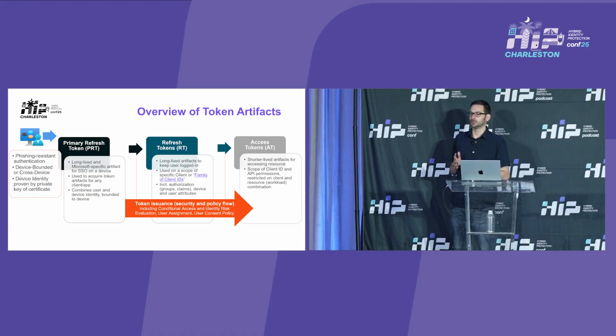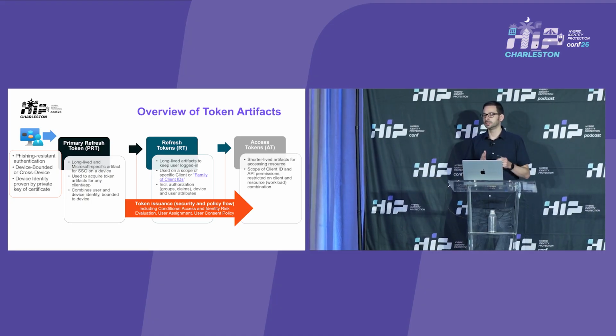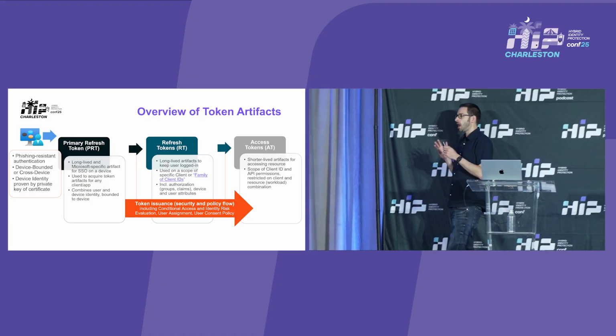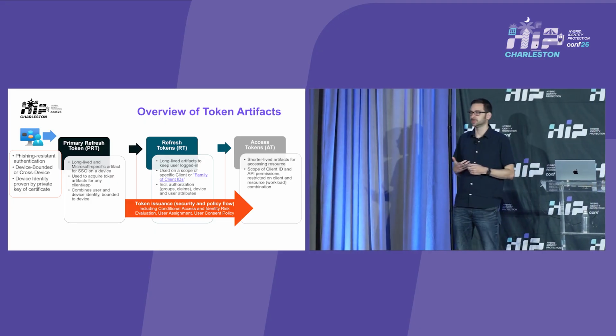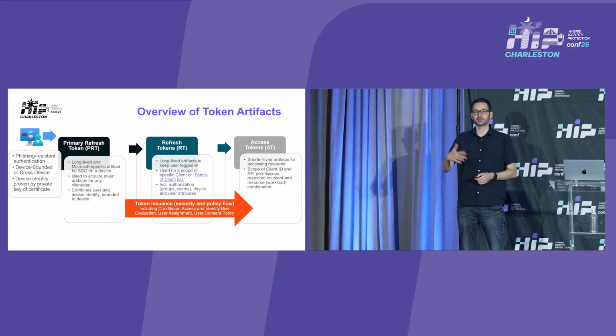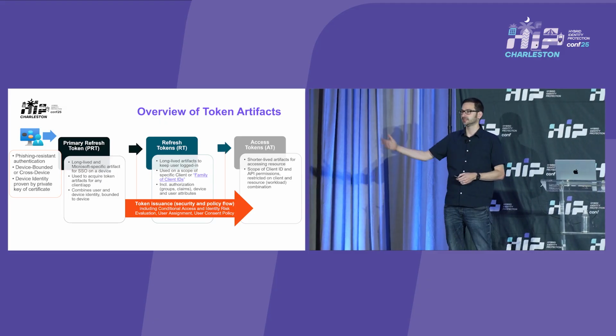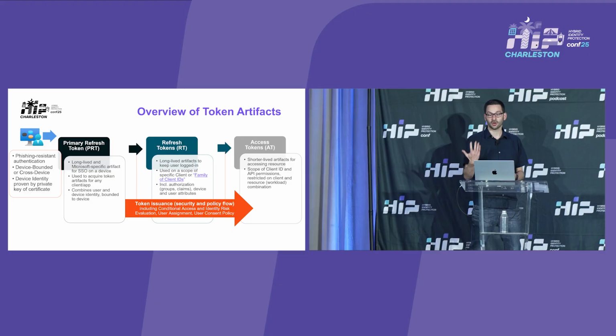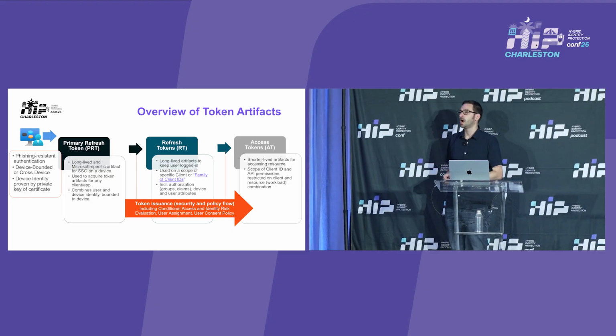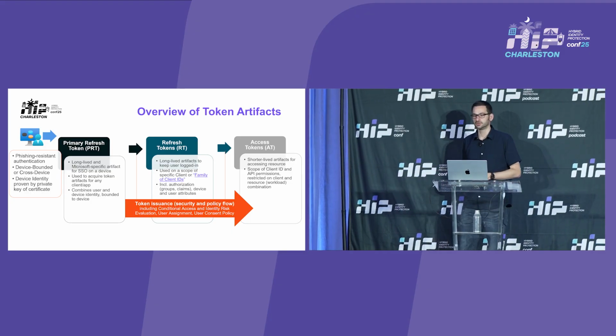If we have an access token, there will be no additional evaluation. It will be evaluated when we're using the refresh token to get it, but afterwards, when we're using the access token to get access to a resource, there's no particular enforcement. As long as we have our access token, we can use it to get access to the resource.